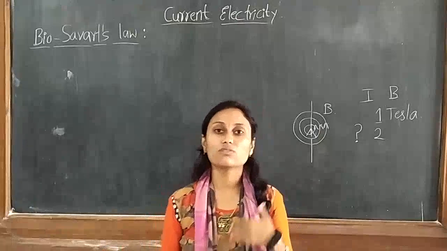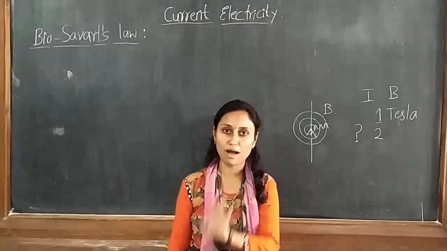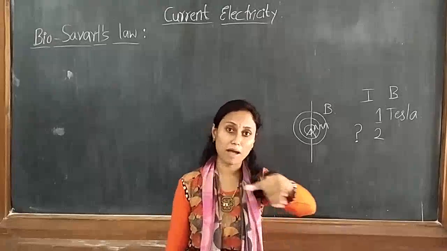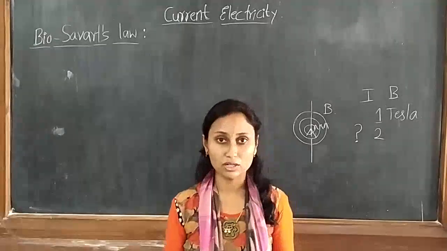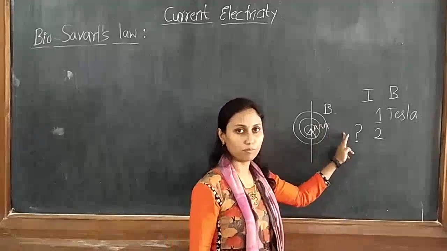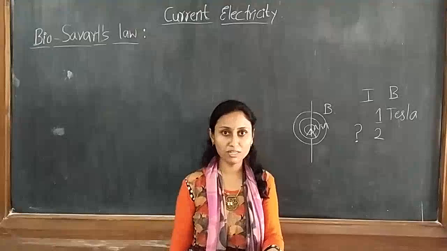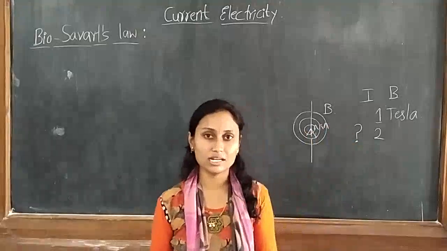First question, if you want to increase the magnetic field, how much current should we pass in the circuit? And the next question is whether the magnetic field created in the surrounding area has the same magnitude at all points, or is different. Of course it will be different. So if it is different, on which quantity will it depend?